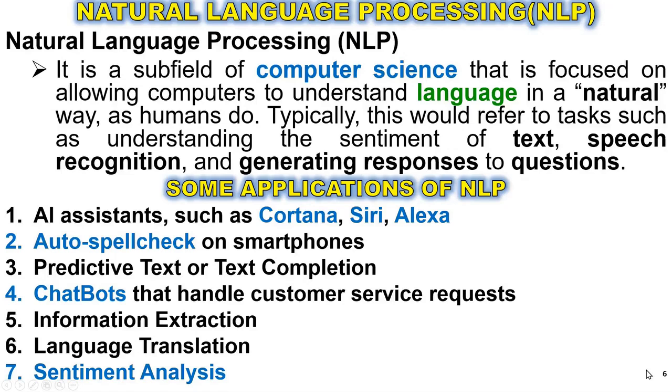Here are some applications of natural language processing, such as AI assistants like Cortana, Siri, Alexa, auto spell check on smartphones, predictive text or text completion, chatbots that handle customer service requests, information extraction, language translation, and sentiment analysis.